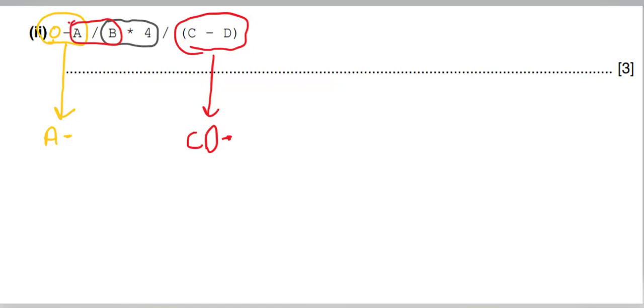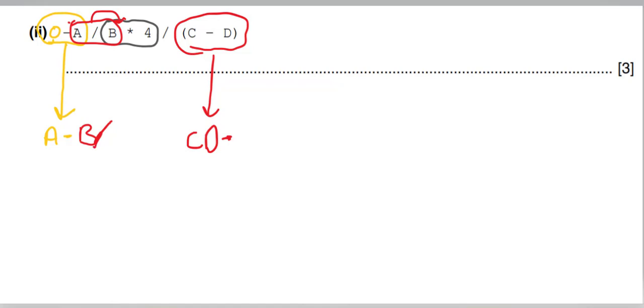So we've got A divided by B. So the way we'll write this out would be B, and then move the divide sign to this side. That leaves us with B multiplied by 4.